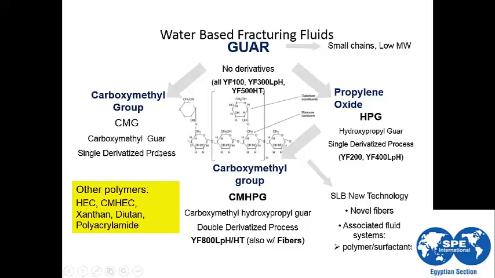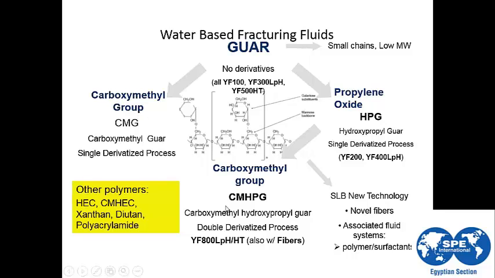The type of derivative in the CMG is the carboxymethyl derivative. The type of derivative in the HPG is the hydroxypropyl guar derivative. This means that we have these two categories. Both of them have one derivative, but of a different type.